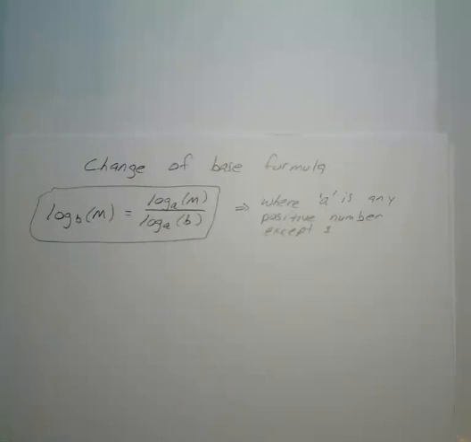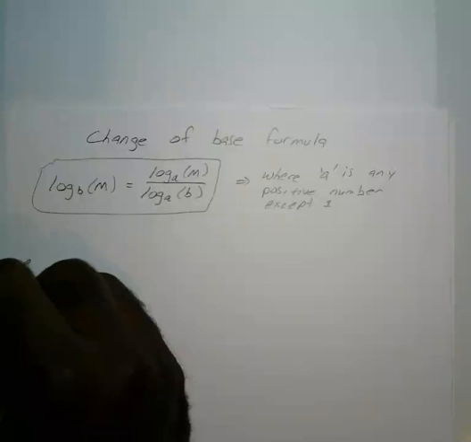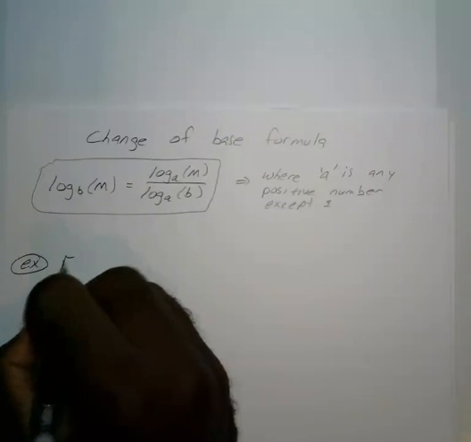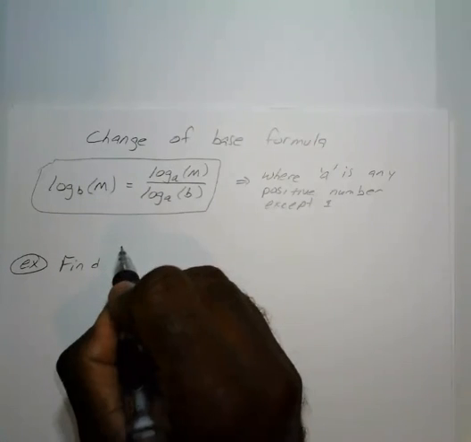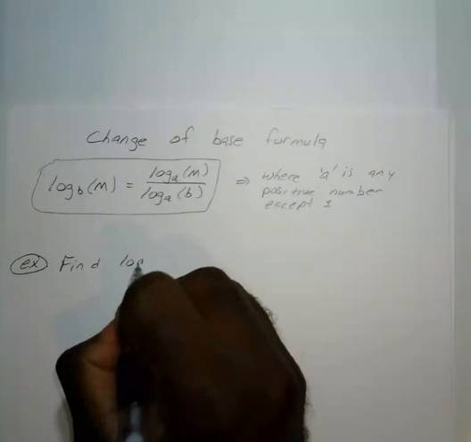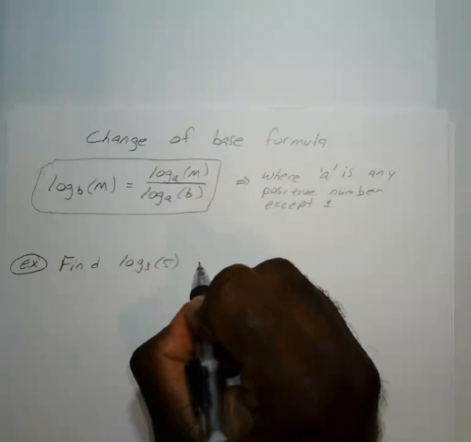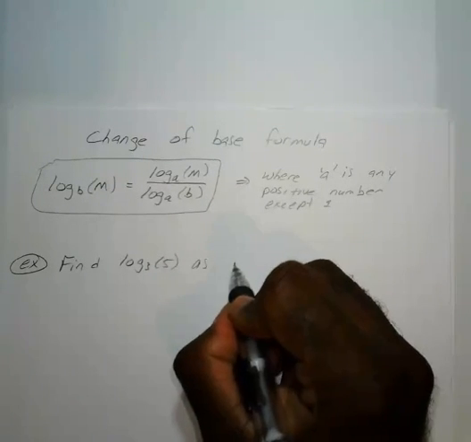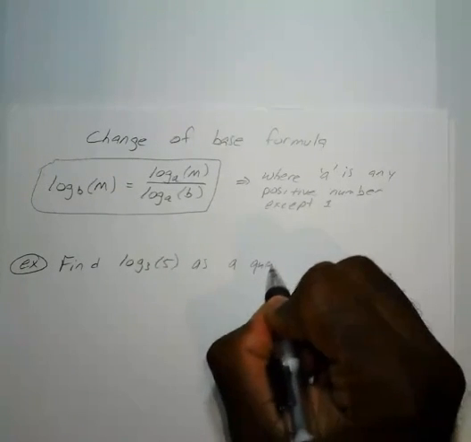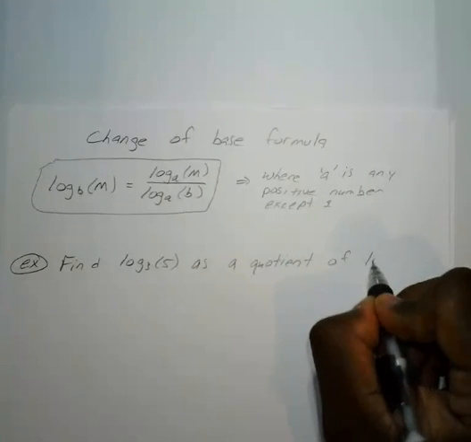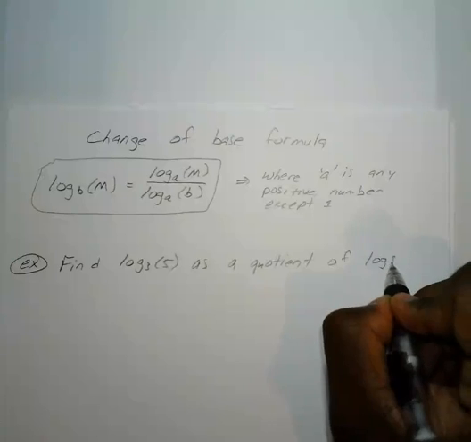It's pretty straightforward. Let's say, for example, we wanted to find log base 3 of 5 as a quotient of logarithms.